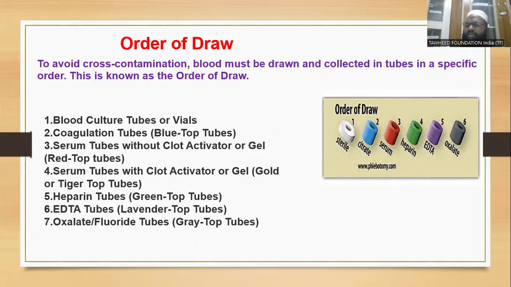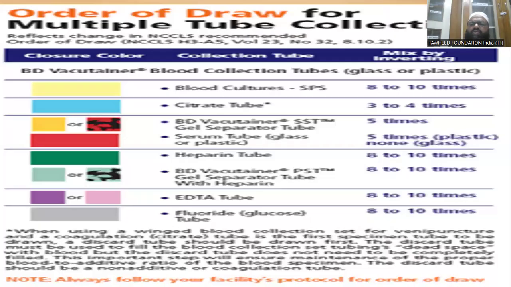Sixth one, EDTA tubes, lavender top tubes for CBC and all. And seventh one is oxalate or fluoride tubes, grey top tubes. This is an important thing we should remember in a phlebotomy area, how to collect samples and the order of draw. Here one company, BD, is there. They supply a lot of test tubes, like BD Vacutainers and all.